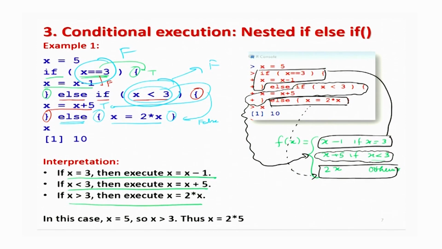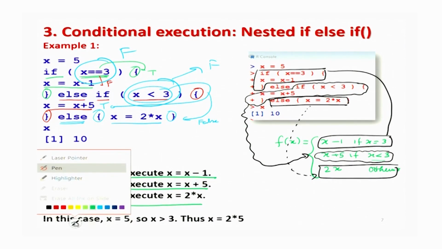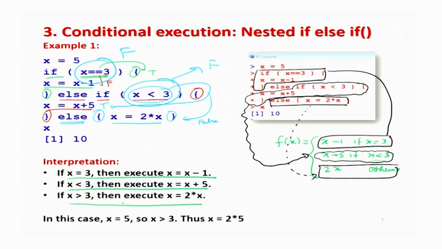So, now I will show you one example. I take a value x equal to 5. If you see where x equal to 5 falls, 5 is greater than 3, so this is the only condition which is true. What will happen?